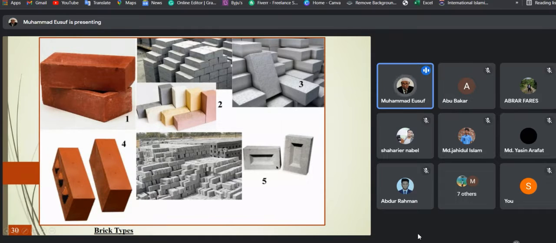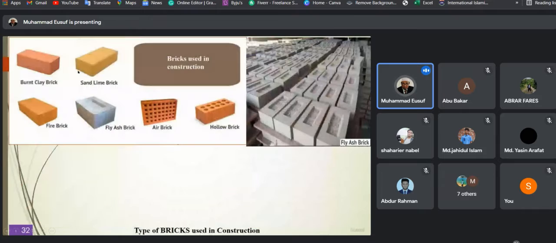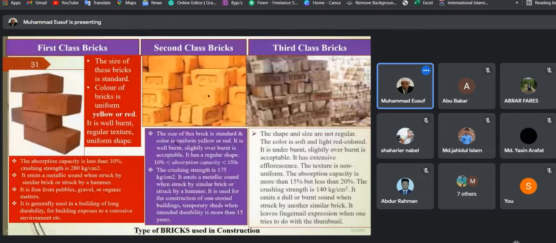This is called a frog. The frog size is 100 mm, and this is 40 mm, and this depth is 10 to 40 mm. Okay, so different types of bricks: first class bricks, second class, third class, and don't use third class bricks.